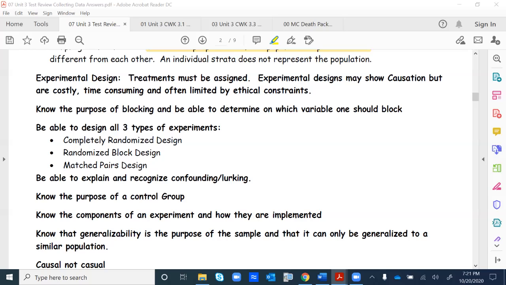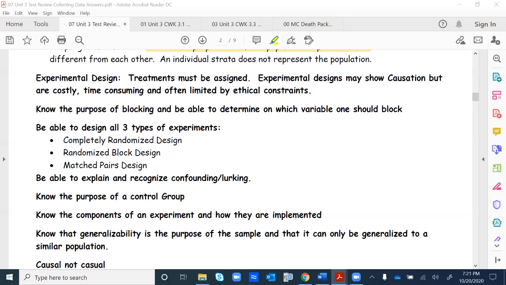This is why you do random assignment. Random assignment minimizes the effect of outside variables, so random assignment minimizes the potential of having a confounding variable.